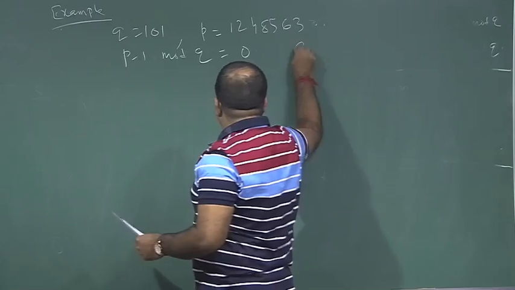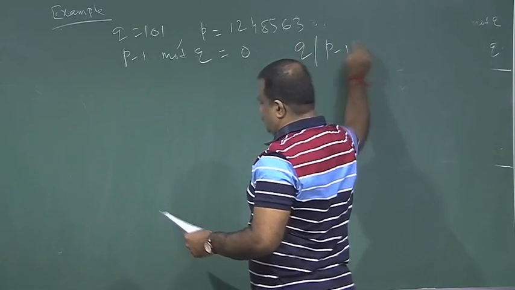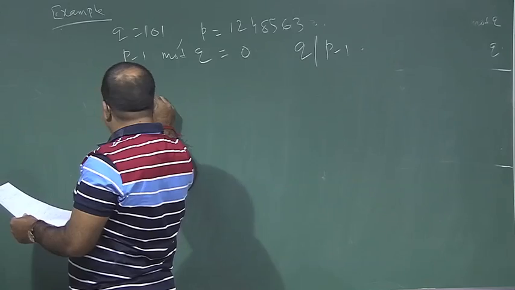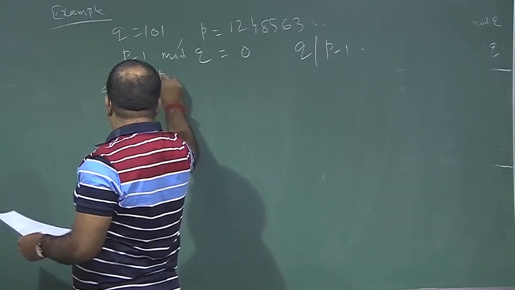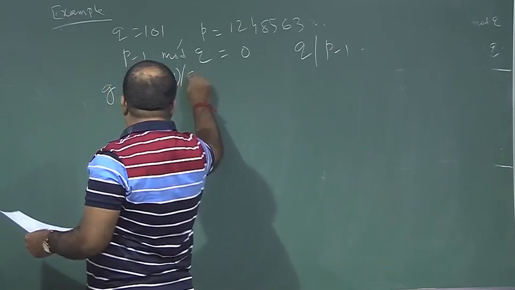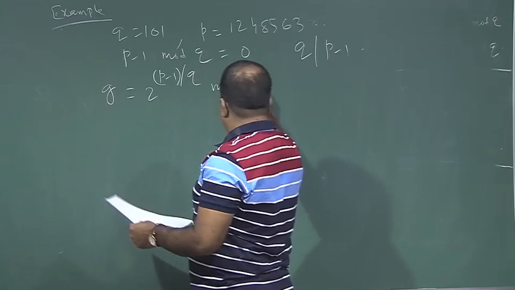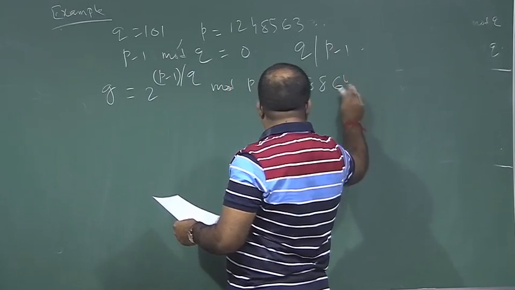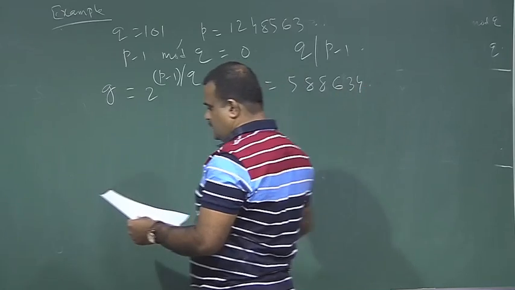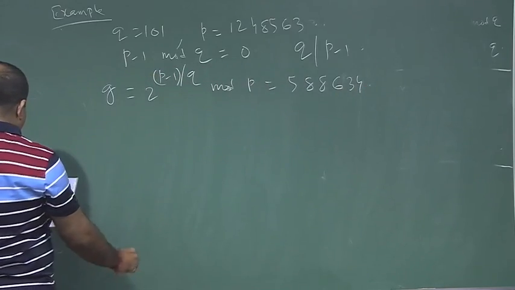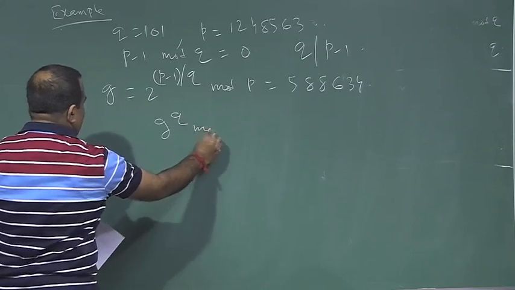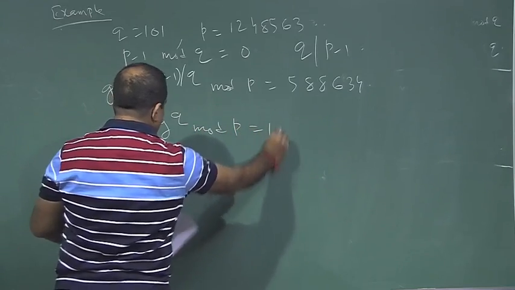So, that means q divides p minus 1, that we can verify. Now, we choose h equal to 2. Then g is h to the power p minus 1 by q mod p, which if we calculate is 588634. Okay. Then we can just check this g to the power q mod p is basically 1.